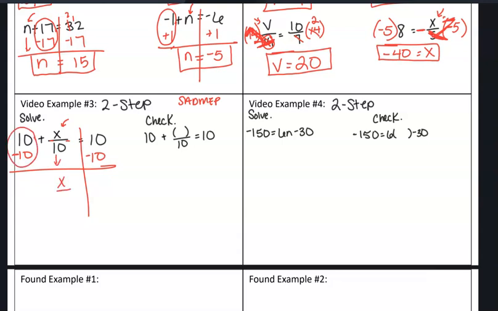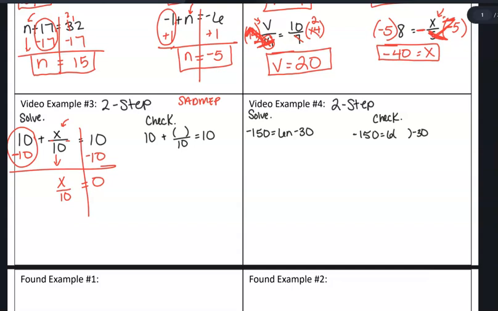Bring down x divided by 10 just as you see it. We're not changing anything. Bring the equal sign down, and 10 minus 10 is also 0. But it's the only number on the right side of the equal sign, so we do have to write that 0.